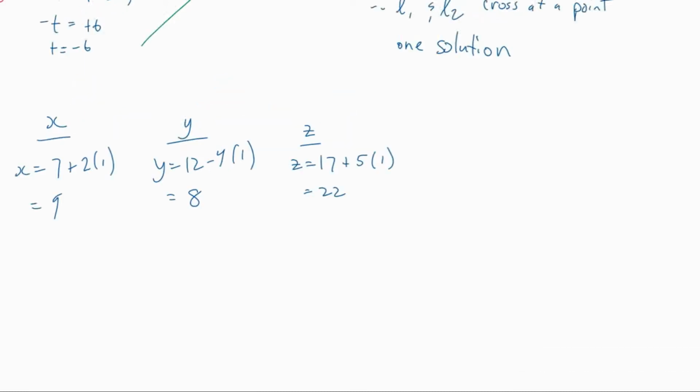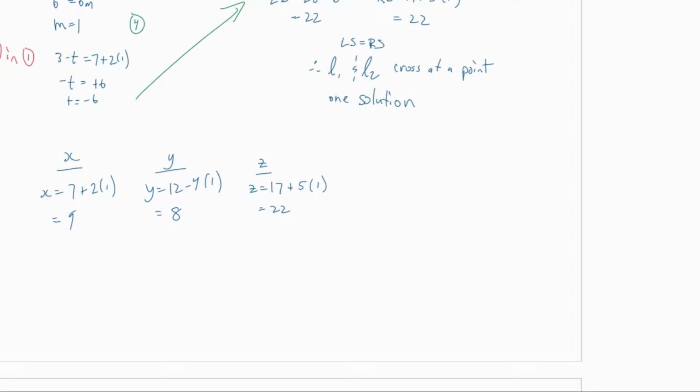And therefore, the solution is x, y, z, right? 9, 8, 22. And that is geometric interpretation. Number of solutions. What is the solution if there is one?